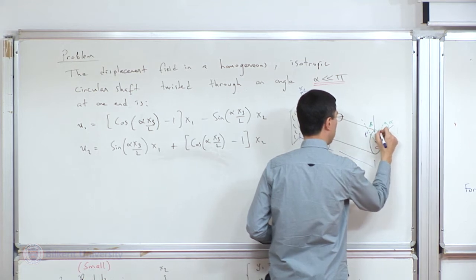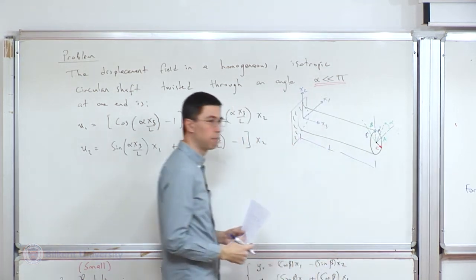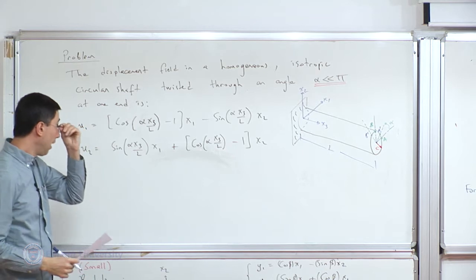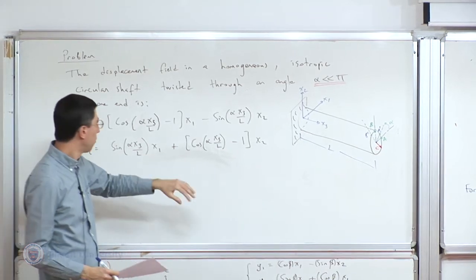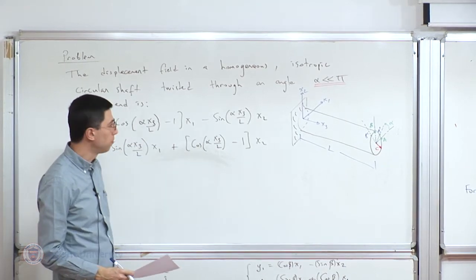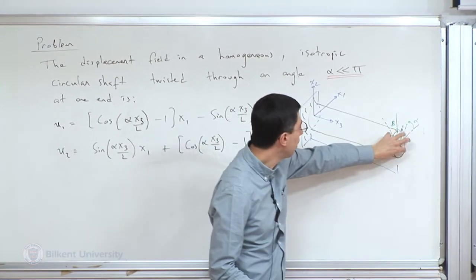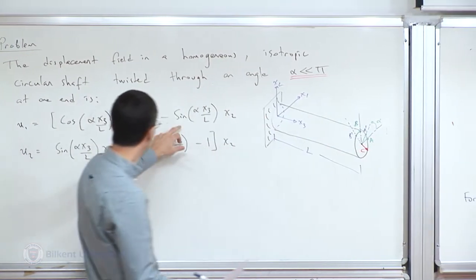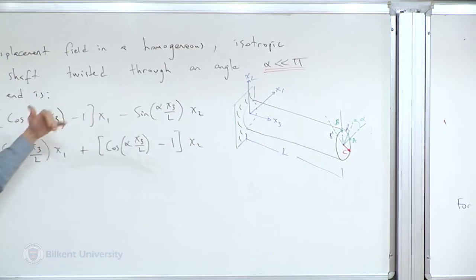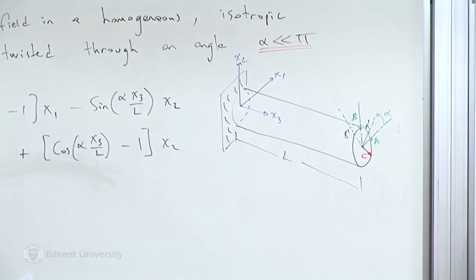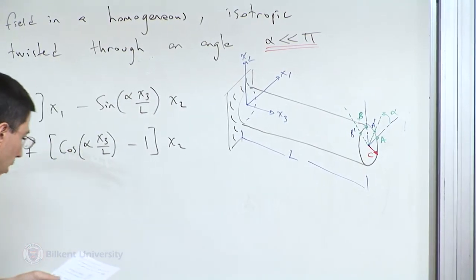So that's B prime, and that's A prime. Okay. And for this type of a deformation, this is what the displacement field looks like, whether or not alpha actually is small. Even if it's large, this is what it looks like. But now we're going to simplify it by assuming that alpha is small.